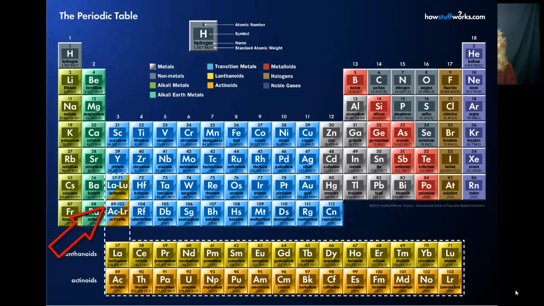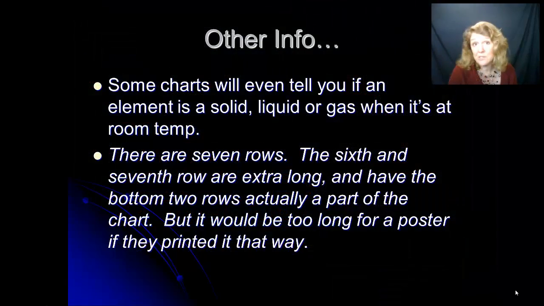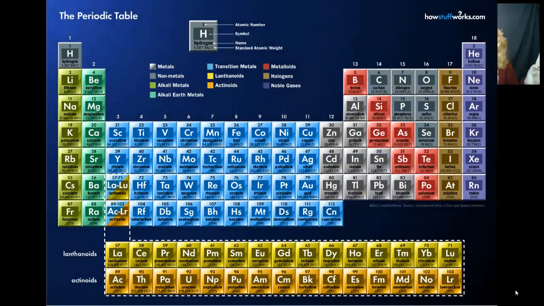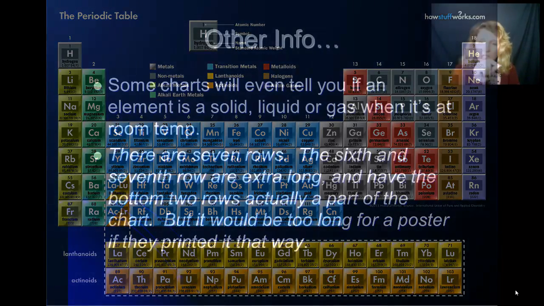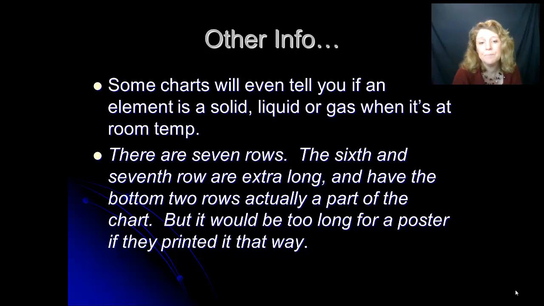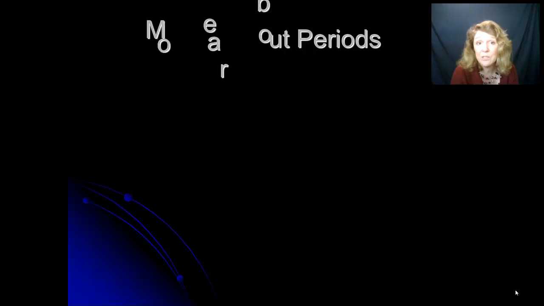It should actually go there, but that would make the periodic table really super long, and then it would be too hard to print posters and stuff like that. So what they did is they took that middle section that only was 2 tall and pulled it underneath and then squished the rest of it together. So I need you to understand that that part kind of sticks in there. But otherwise, there are 7 rows.